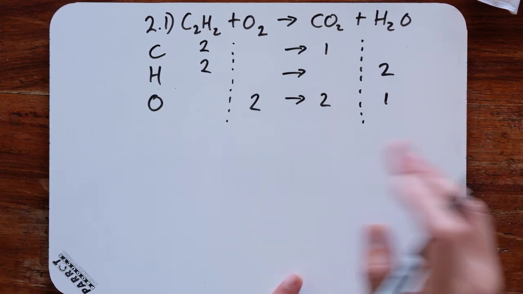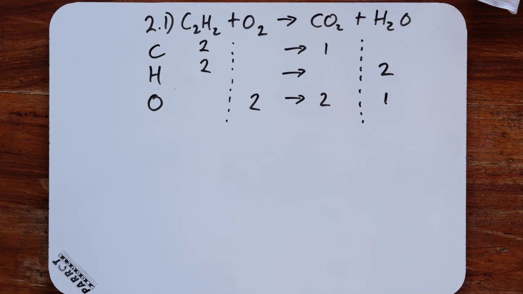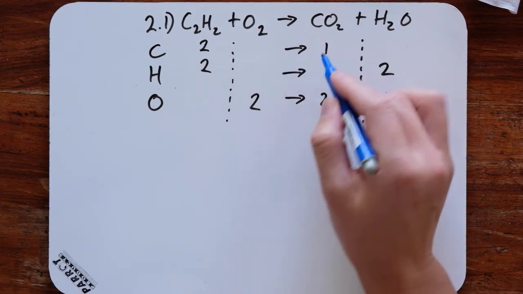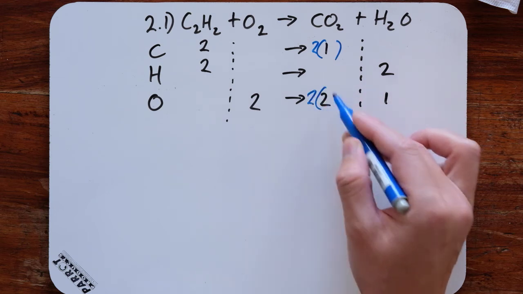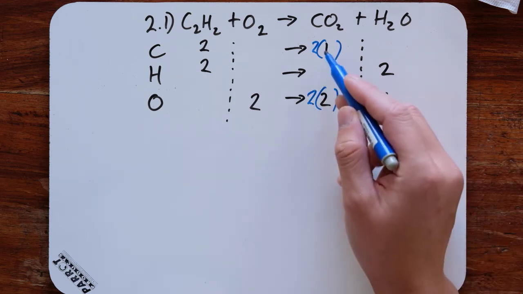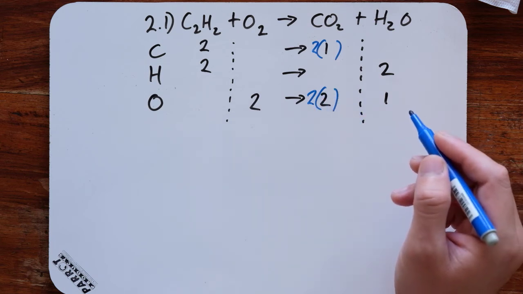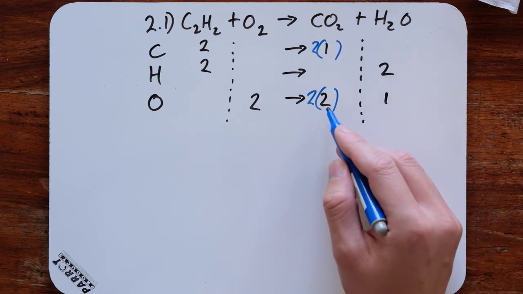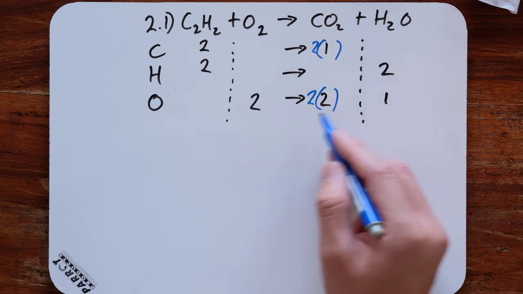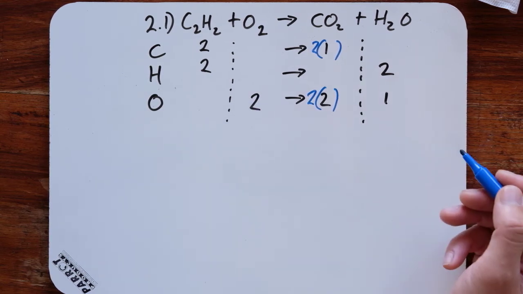Maybe you say carbon looks like 1, which is easy enough to do, because all we need to do for carbon is multiply this by 2. Remember, in the column we multiply everything by 2. So that means we get 2 carbons and now we have 4 oxygens. But now the problem is 2 times 2 is 4 plus 1 is 5, and 2 cannot go into 5.